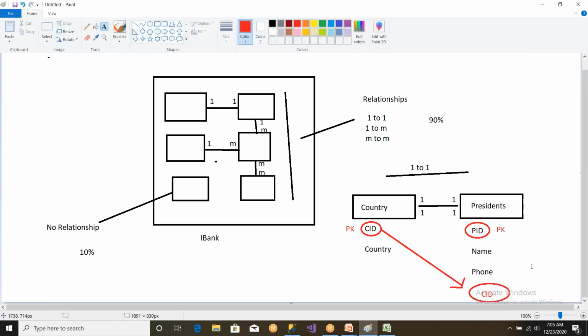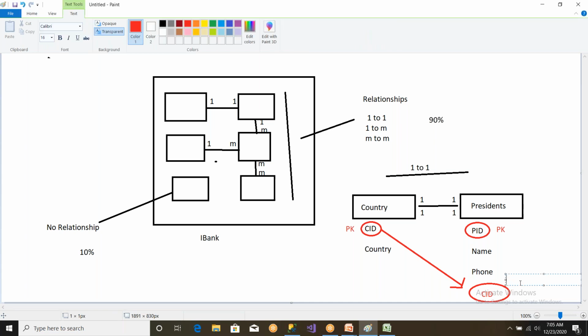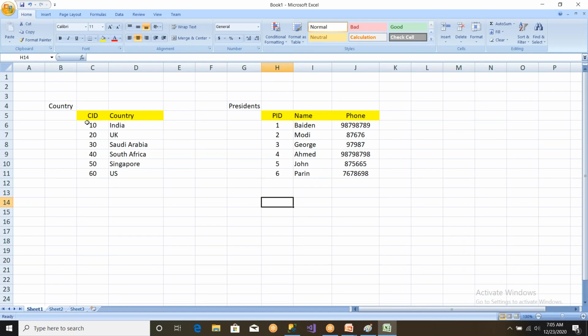So this is called a foreign key. So it is saying you take any one. This is the primary key in this table. In this table, this is a primary key. Any one primary key you can take. That means this primary key, you can also keep it here, and it is what is called a foreign key.